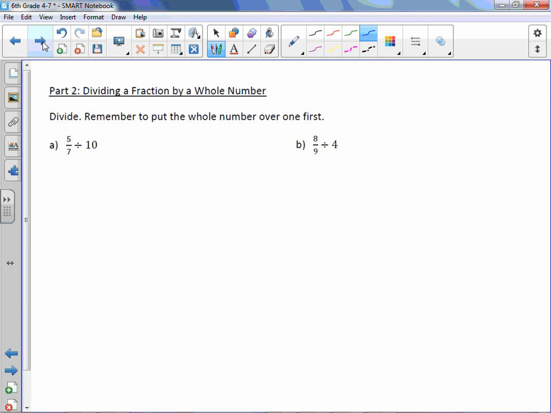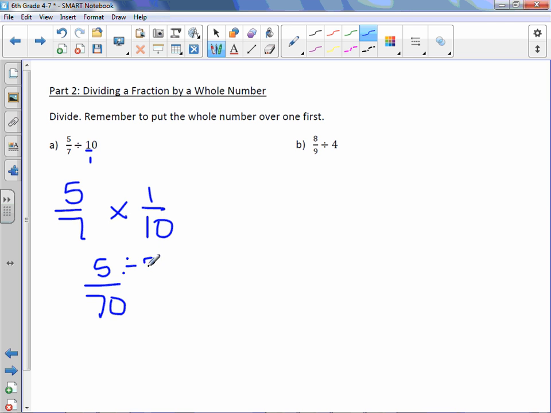Dividing a fraction by a whole number. This time our whole number is moved to the right. We're still going to put it over 1. I will not divide. I will multiply by the reciprocal. So now I know that the reciprocal is 1 over 10. We get 5 over 70.